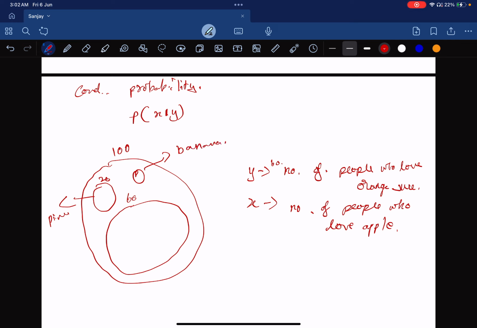But in the conditional probability, we find x given y, and here y is the number of people who love orange juice, right?